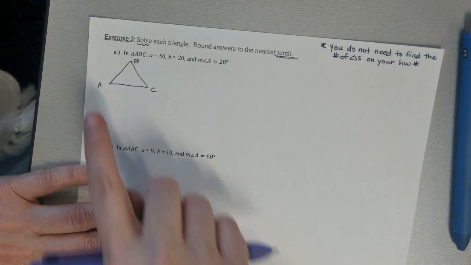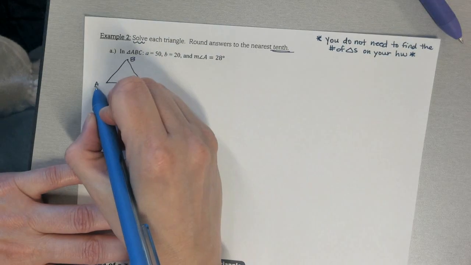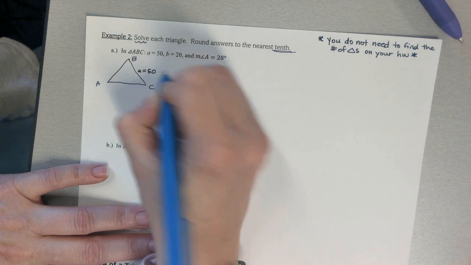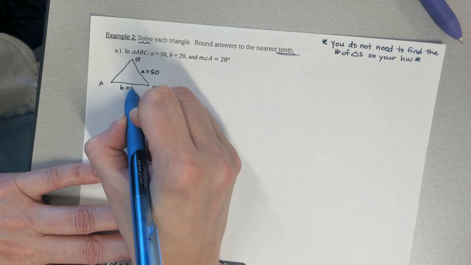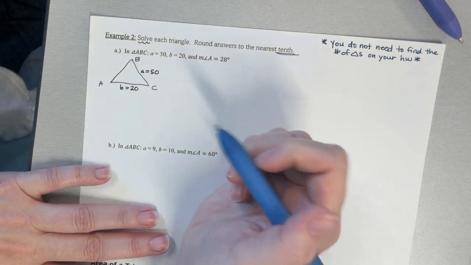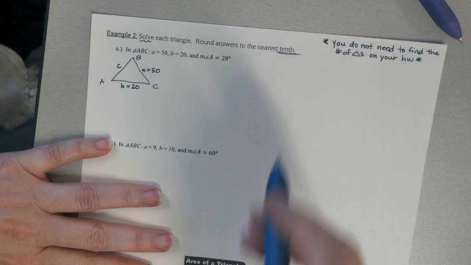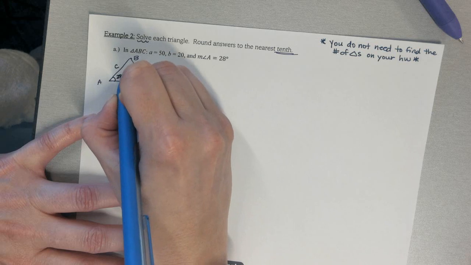So the capital A is going to be across from lowercase a. So wherever your A is, you're just going to go across. That's going to be 50. Wherever your B is, go across. That's lowercase b. That's 20. Okay, and then this is lowercase c, which we don't have. And then the measure of A is 28 degrees, so that's going to be right here.